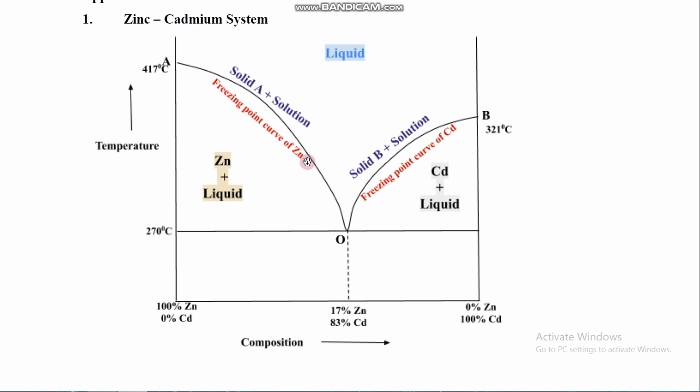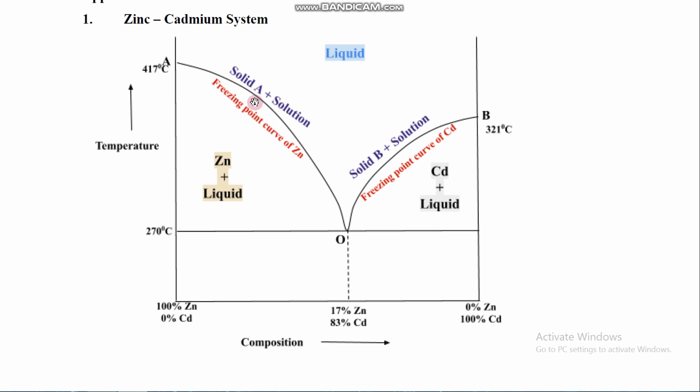Correct? And here the components are two: one is zinc, another one is cadmium. Also the phases are two: one is solid zinc, another one is solution of dissolved cadmium.